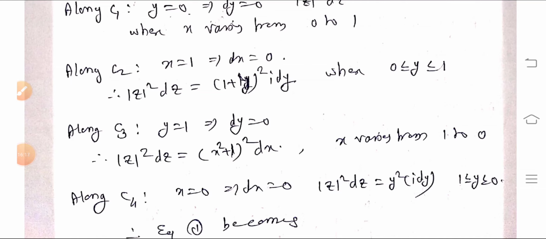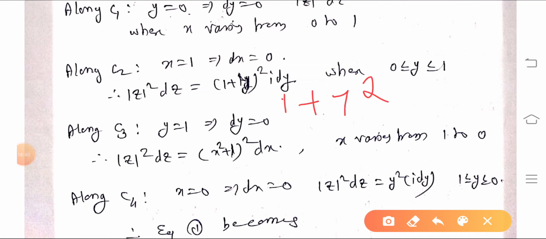Therefore mod z square dz equals 1 plus y square, because mod z square is x square plus y square, into bracket i dy, where y lies between 0 to 1.